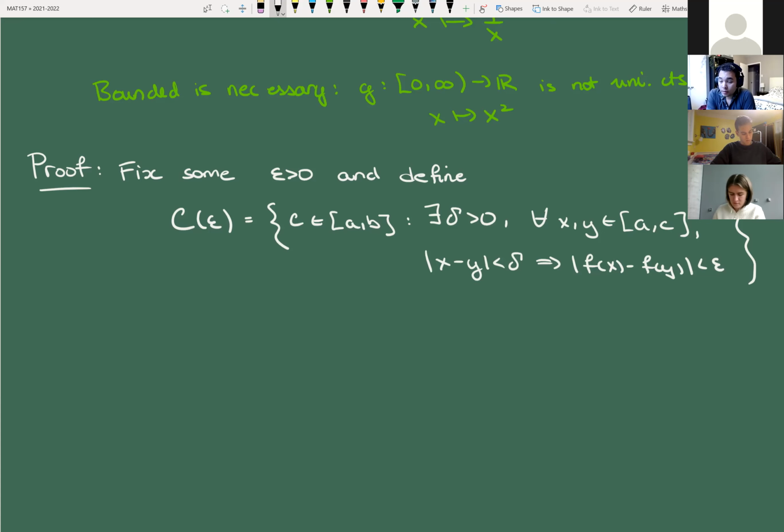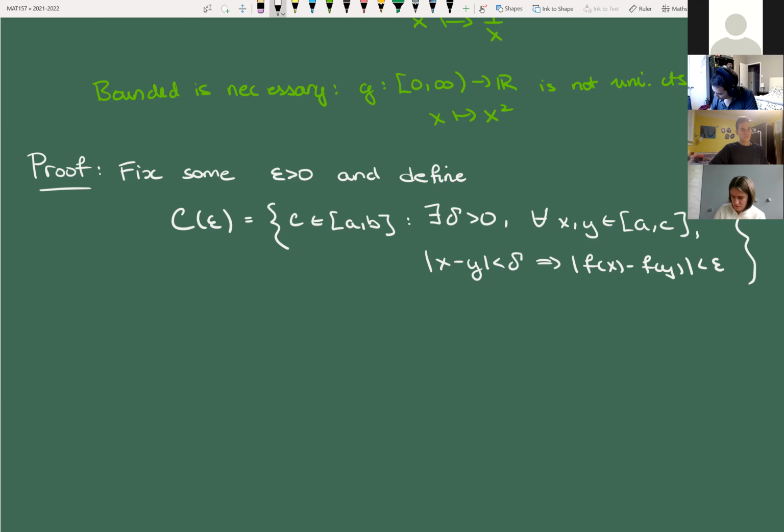I'm going to take the collection of all points in the interval [a, b] such that there is some delta which proves that the function is uniformly continuous with that fixed value of epsilon on the interval [a, c]. Does that make sense? It is the collection of all points in the interval [a, b] where my function is uniformly continuous for this value of epsilon.